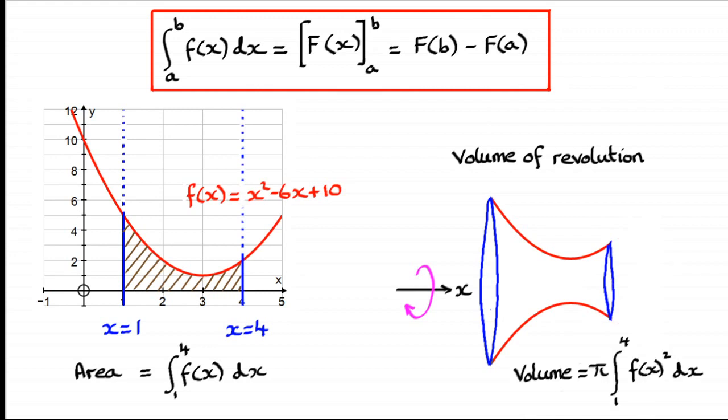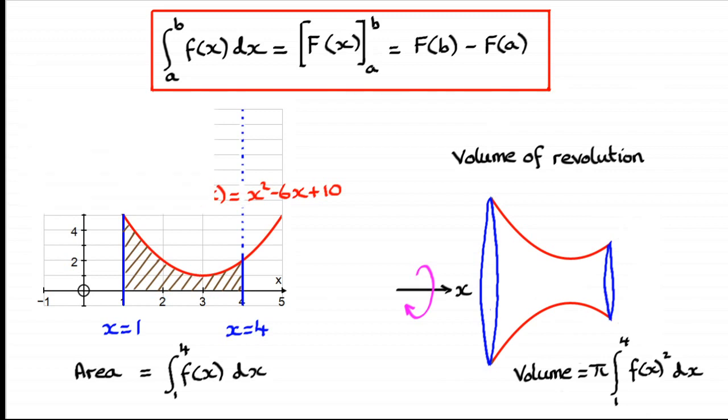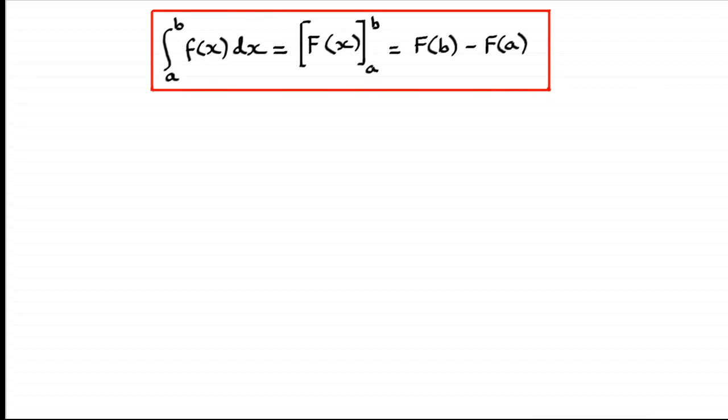The formula for a volume of revolution is pi times the integral, between the limits x equals 1 and x equals 4 as given here, of the square of our function f of x. I'm just saying this without proof at the moment, but I will be doing this example later on. Anyway, let's move on.